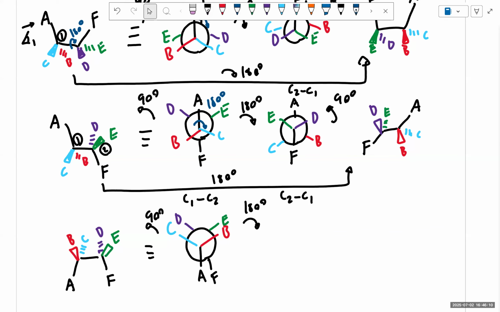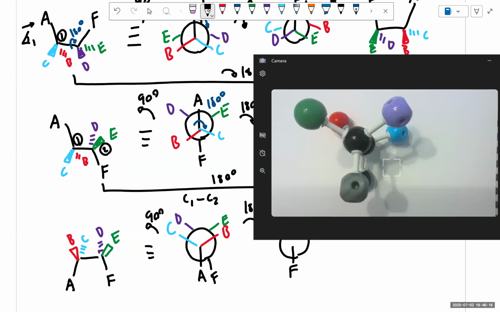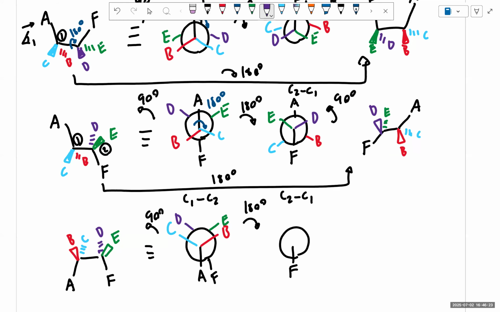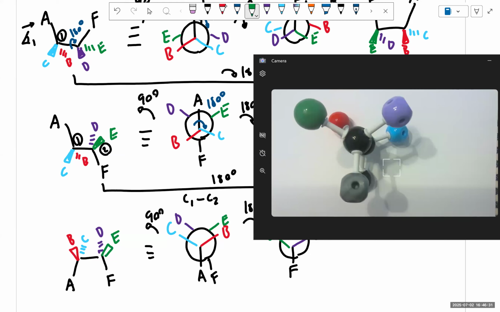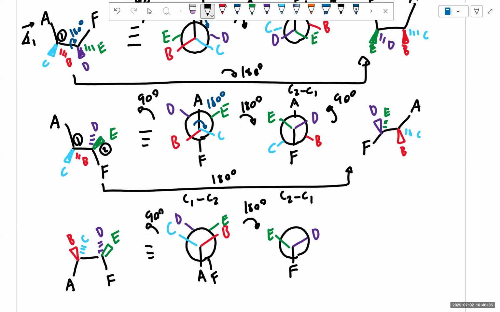Well, in this case, we see this time carbon 2 is in front, atom F's pointing down, atom D is up and to the right, atom E is up and to the left. Additionally, atom C in the back is up and to the right, atom B is up and to the left, and atom A is down.